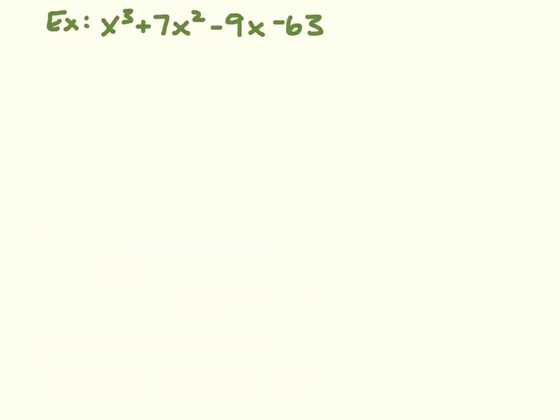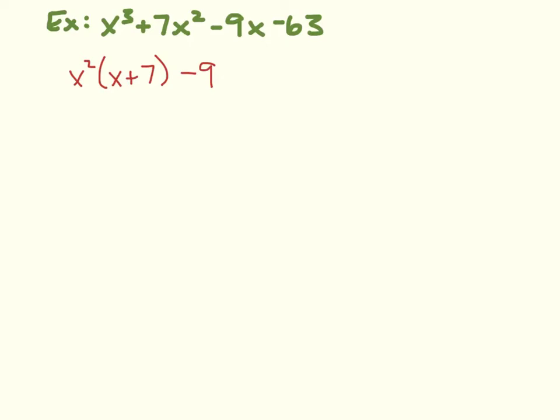Alright, the last example, x cubed plus 7x squared minus 9x minus 63. X cubed and 7x squared, what's the only thing that they have in common? X squared. So I'm left with x plus 7. Okay, negative 9x minus 63. Negative 9.